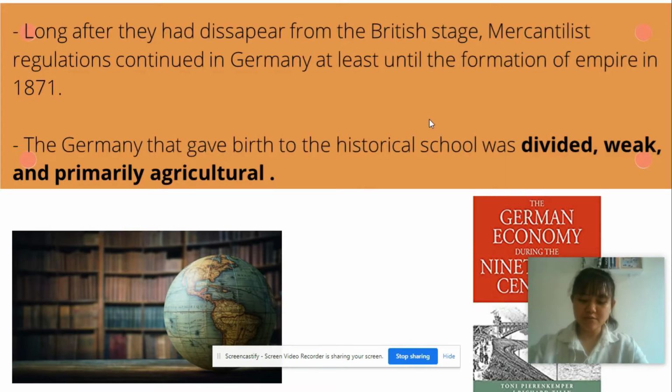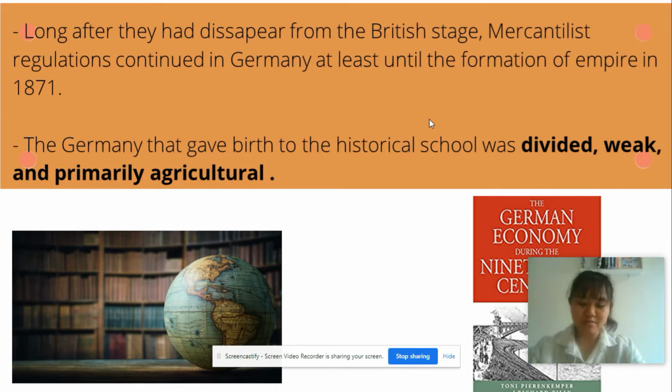Mercantilist regulations still continued in Germany, at least until the formation of the empire in 1871, long after they had disappeared from the British stage.